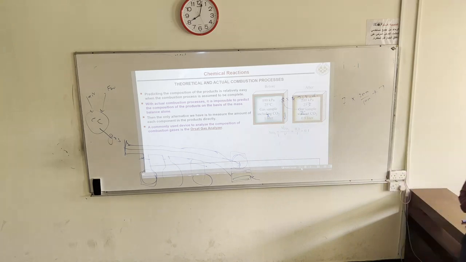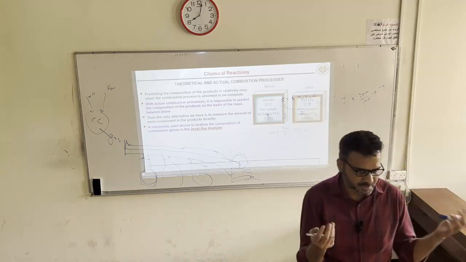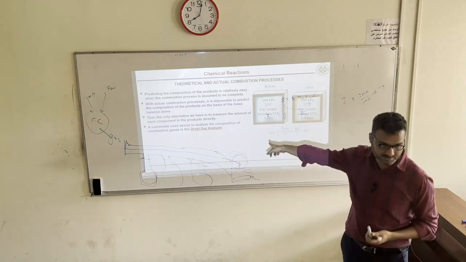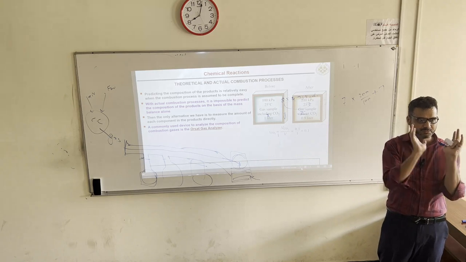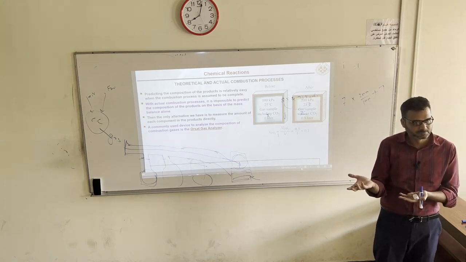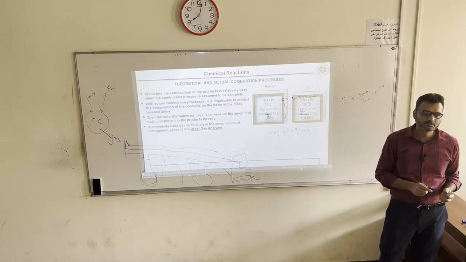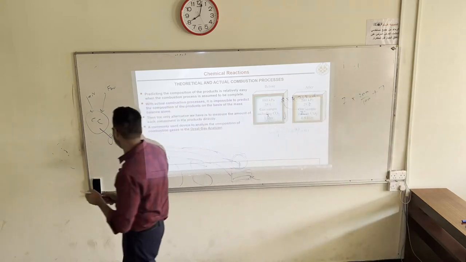Why do we need to know the amount? If your engine is not giving proper power, it means combustion is not proper. One of the reasons is combustion. So when you analyze these exhaust gases, you will know whether your fuel is properly burnt or not. Why are the products important?